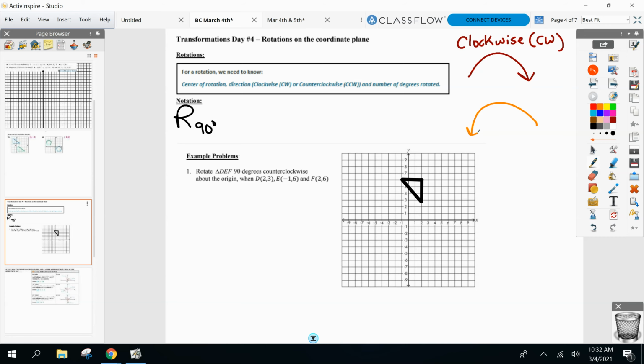That direction would be? Counterclockwise, right? Opposite of what the clock does. And you'll see me abbreviate this CCW, counterclockwise.